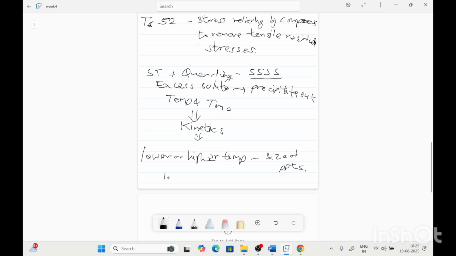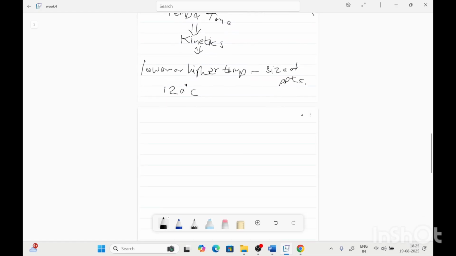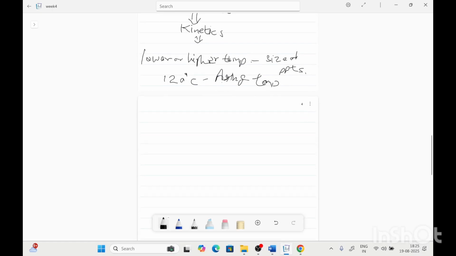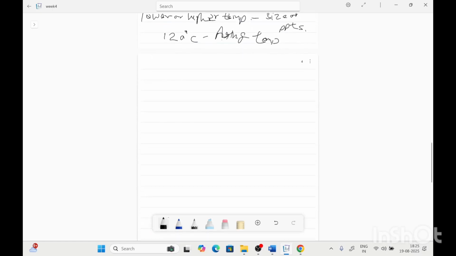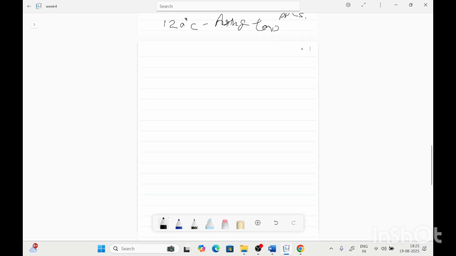Generally the temperature given is 120 degrees Celsius. Based on this temperature and time, there are two types of graph: one is the equilibrium phase diagram, in which the phases are evaluated, and the other is the temperature time transformation, the TTT diagram.